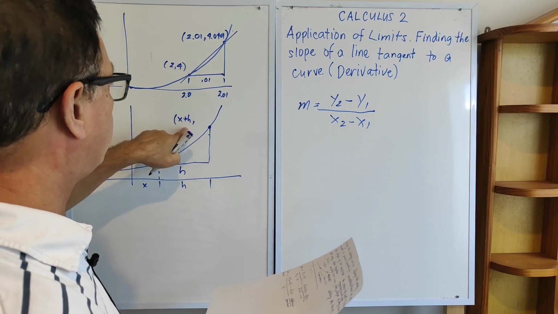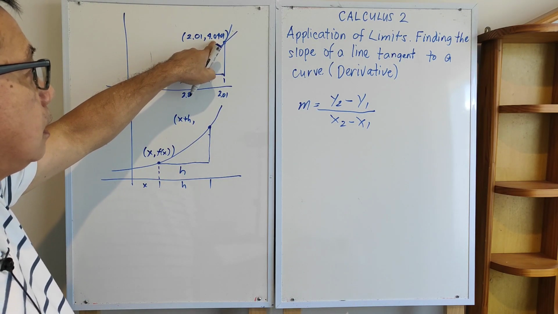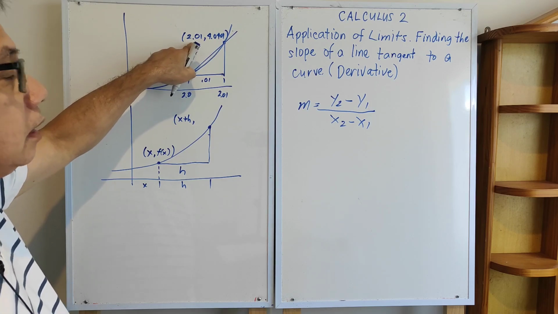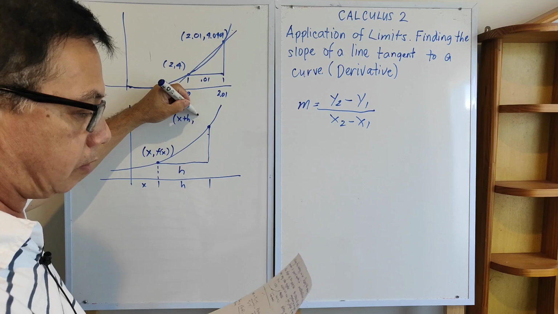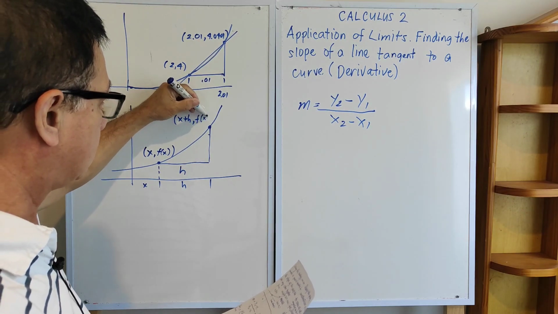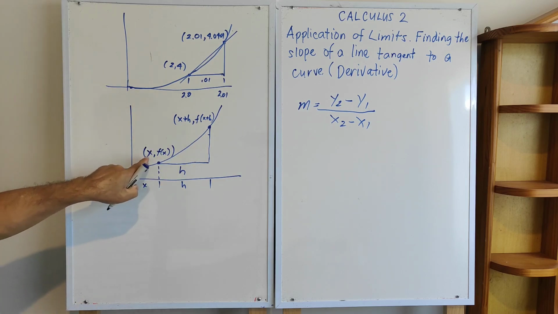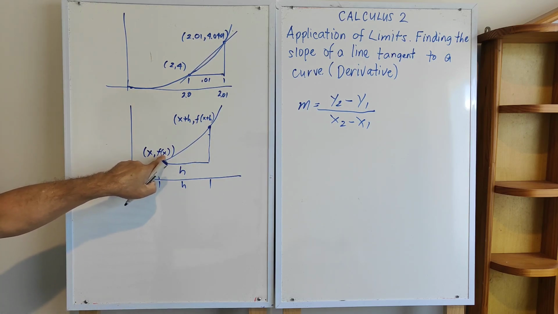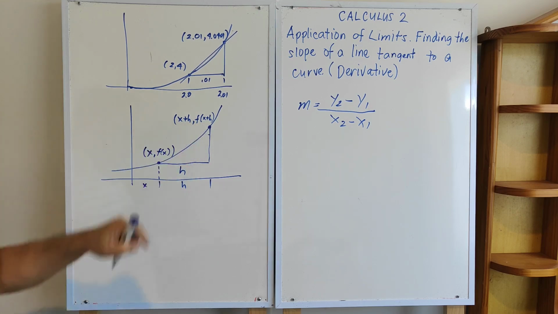This is your first point. Your second point is a function of this point, so this is a function of x plus h. Just like here, this is x and this is a function of x. So if this is x plus h, this is a function of x plus h.